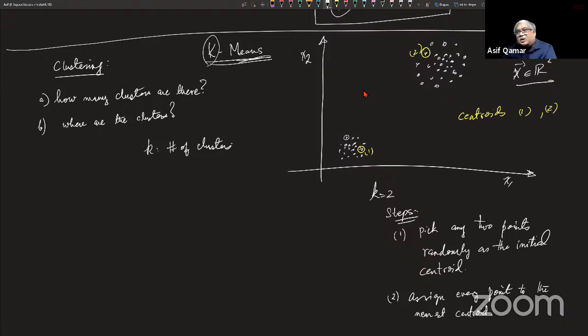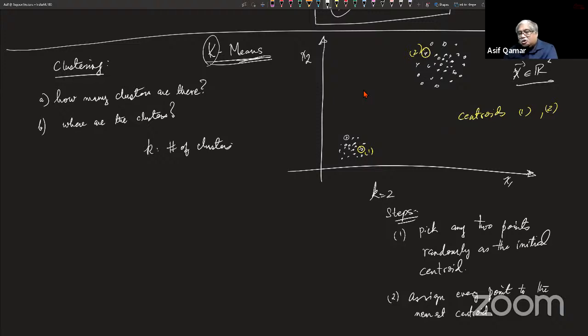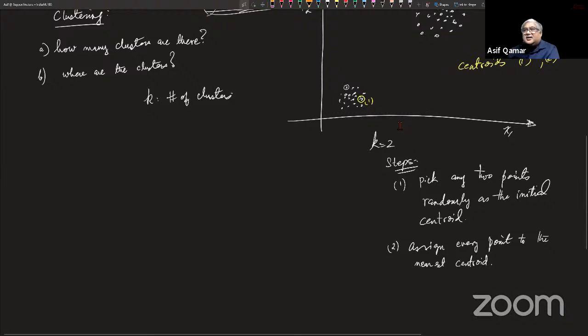Is it closer to 1 or is it closer to 2? 1, right? So you say it belongs to 1. In other words, every point votes or becomes the constituency of one of these 2 centroids. When you have done this, the entire data set would have bifurcated into 2 sets, one belonging to centroid 1, the other belonging to the other centroid, isn't it?